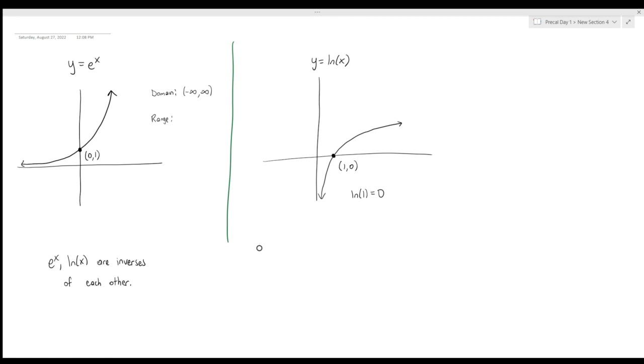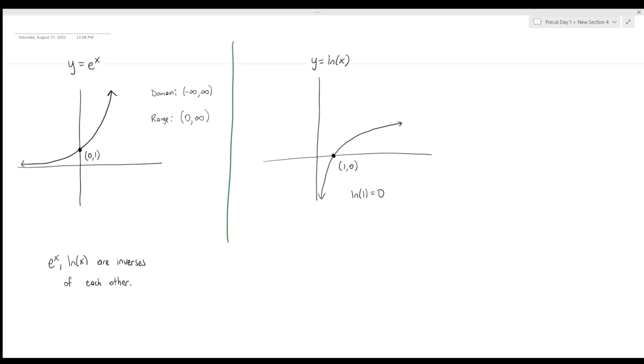Yeah. So the range refers to all the y values of the graph. The graph is always above the x-axis, so it's strictly positive always.